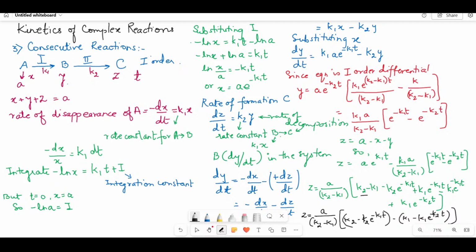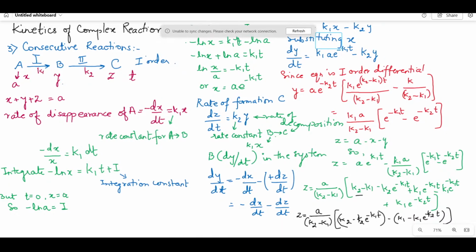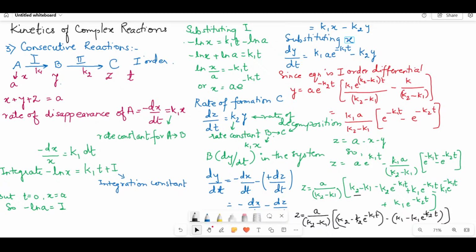Now, if we plot a graph of concentration versus time, I'll do it over here. Concentration versus time.